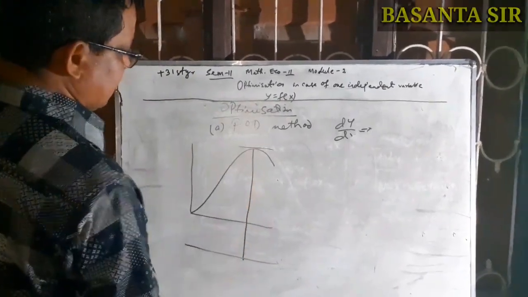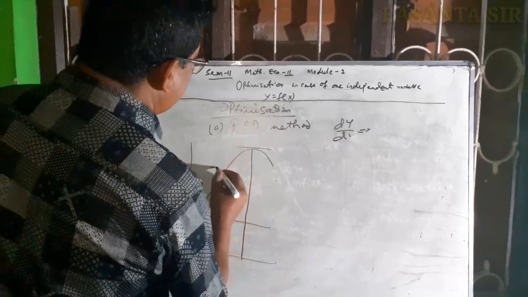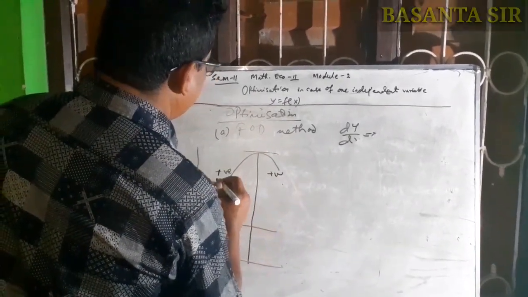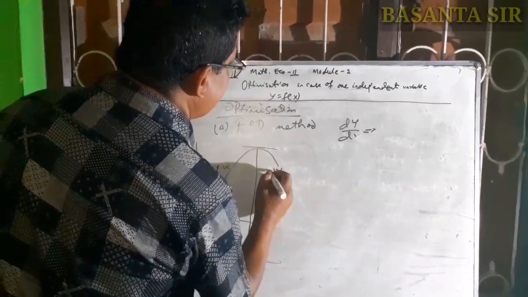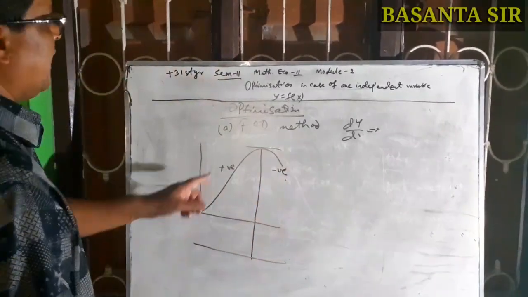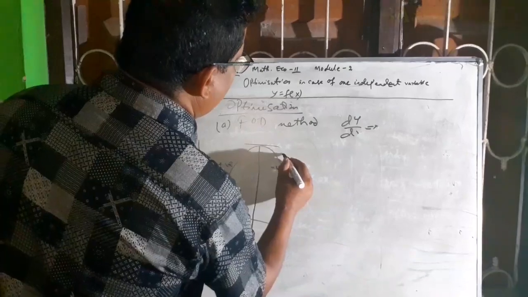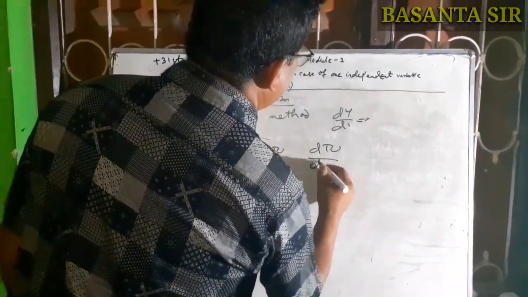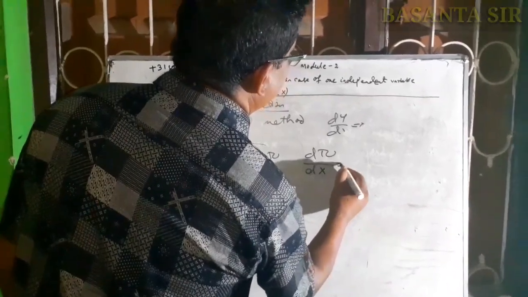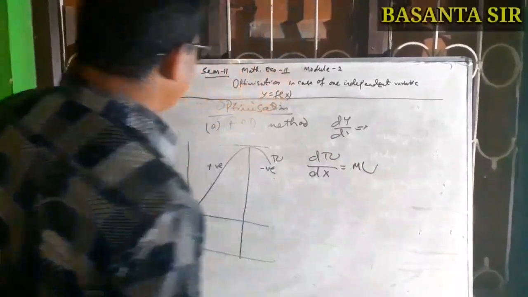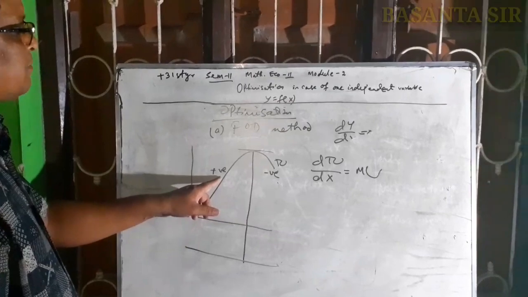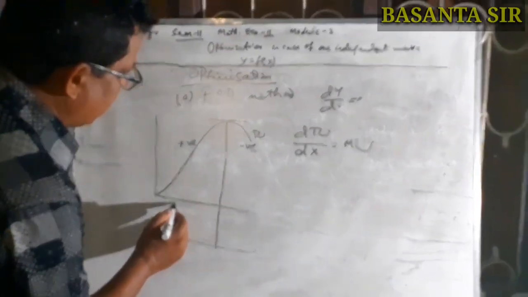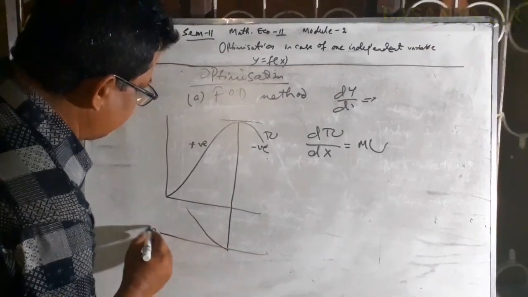We find that it is positive to negative. And we know that the derivative of the total utility curve is marginal utility. So marginal utility is positive. We know that so long as marginal utility is positive, until this value 0.